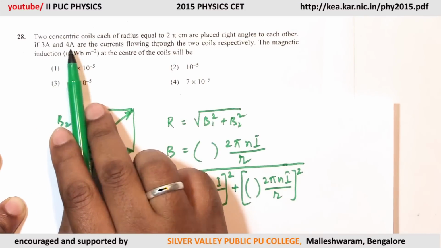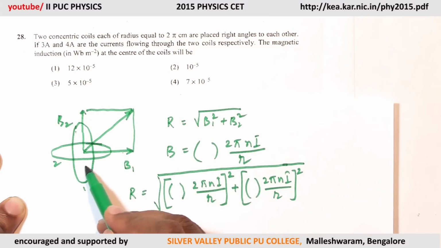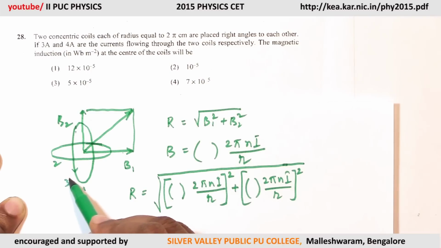First coil 3, second coil 4. Current through first coil is 3 ampere, second coil is 4 ampere.